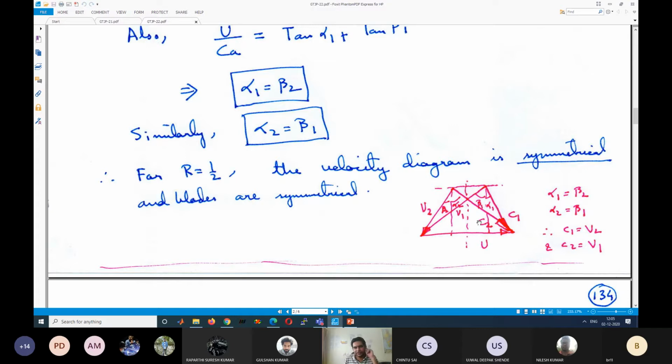What is the diffusion in the stator in terms of velocity? What is the change in the static enthalpy in the stator in terms of velocity? H3 minus H2, how will I write? C2 square minus C1 square. And what about the rotor? H2 minus H1.